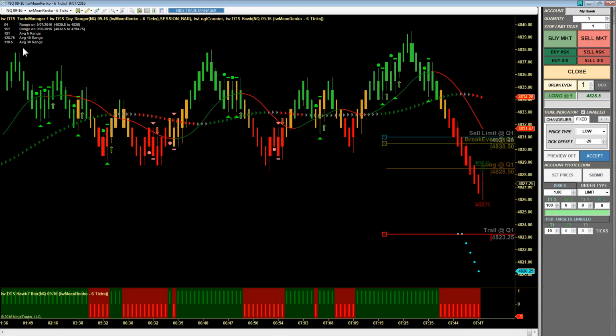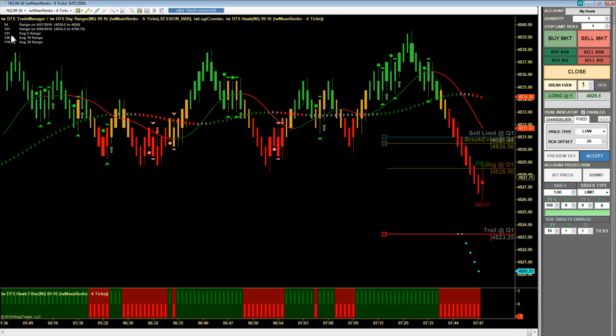This tool up here on the top left, this is the Day Ranger. This is another one of those system add-ons, and it gives you a summary of the ranges. So our 30-day average about 120, 10-day average just shy of 130, 5-day average again around 120.